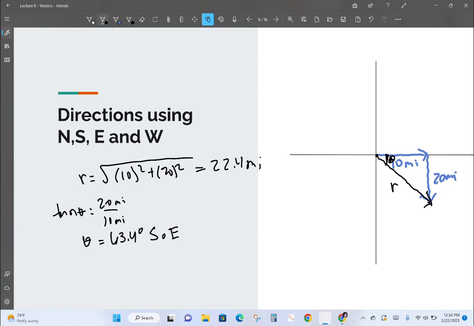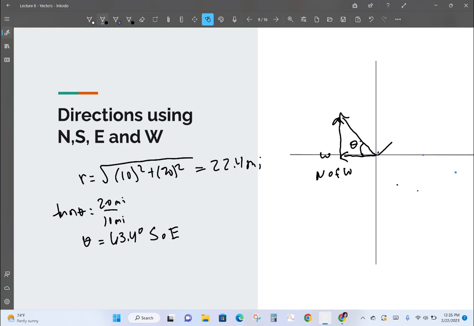Let's look at some other examples of how different angles are described. So let's say that I had a vector that was up here, and I saw that its x was in this direction and its y was in this direction, and I picked this angle right here. Well, this angle is touching the west axis, and this angle, whatever it is, would be north of west.